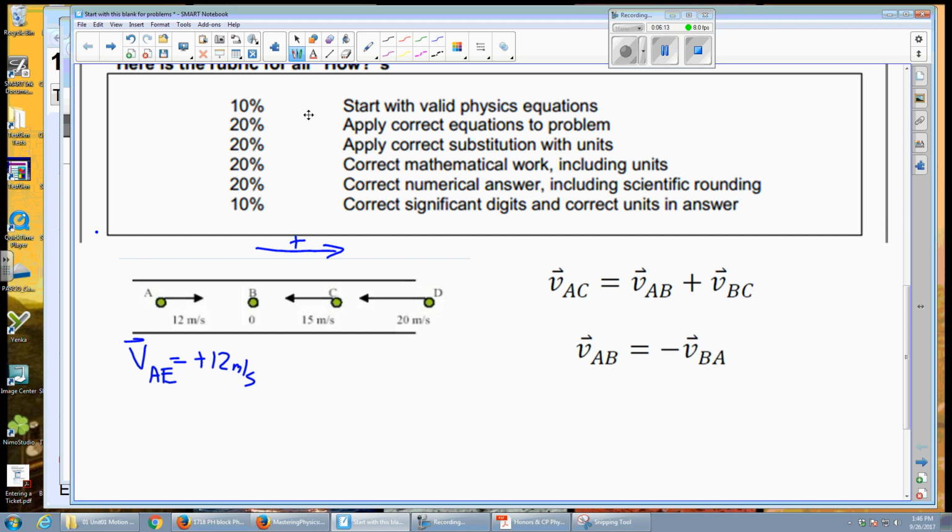This one would be the velocity of B with respect to the Earth, which would be 0. This would be the velocity of C with respect to the Earth, which would be negative 15 meters per second. And this would be the velocity of D with respect to the Earth, which would be negative 20 meters per second. Good? Yes? No?